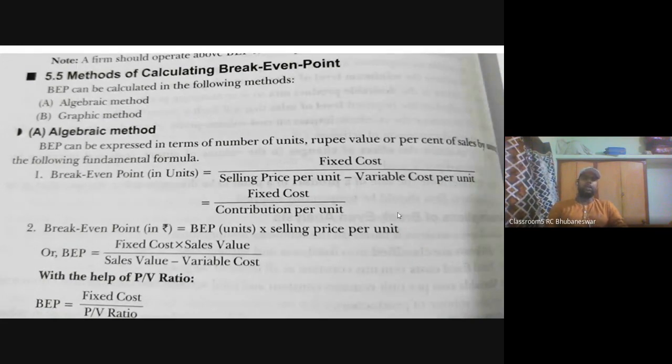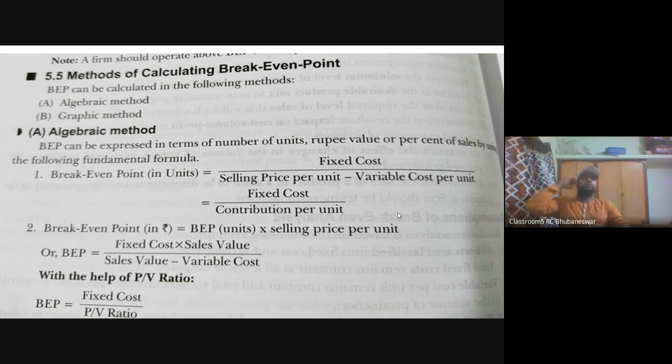So how to find out the area or the particular point where the cost will equate with the revenue? Here are some formulas that you can apply. The first formula is fixed cost by contribution per unit, the total fixed cost divided by contribution per unit. Contribution per unit means what?